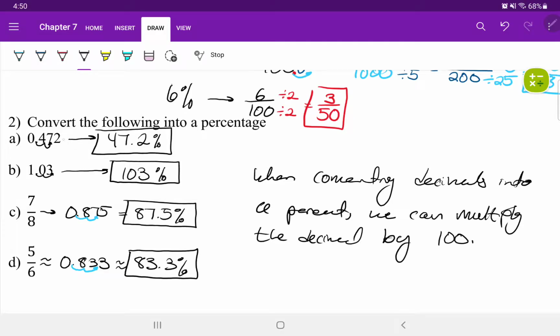If you multiply these decimals by 100, whether you first have them as decimals or you divide the numerator and denominator, multiplying them by 100, we can get the percentages.